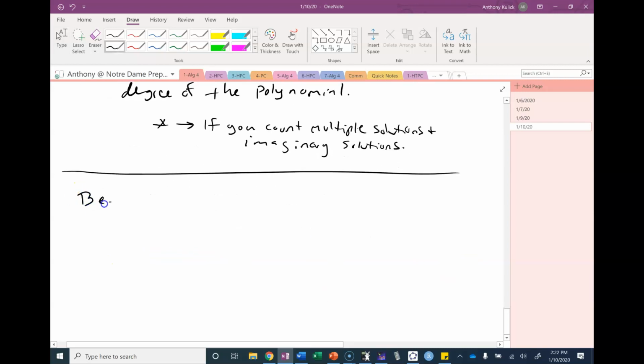The next theorem is called the bend, bounce, straight theorem.